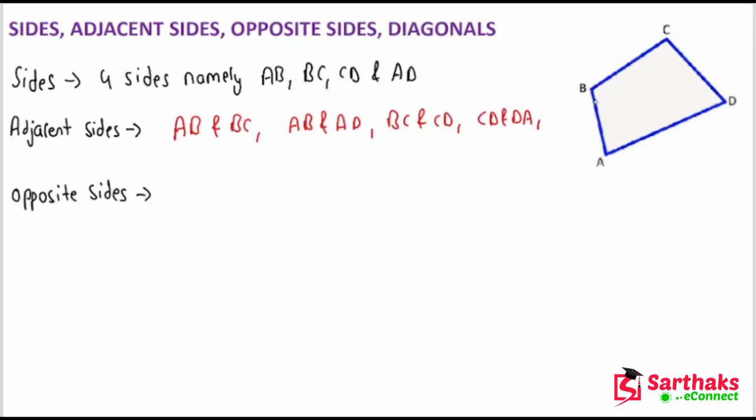AB is opposite to CD, because AD and BC are both adjacent. Opposite is when they do not have any point in common. So AB and CD do not have any point in common. So you can have two pairs of opposite sides, which are AB and CD, and similarly BC and AD. BC and AD are also opposite because they do not have any point in common.